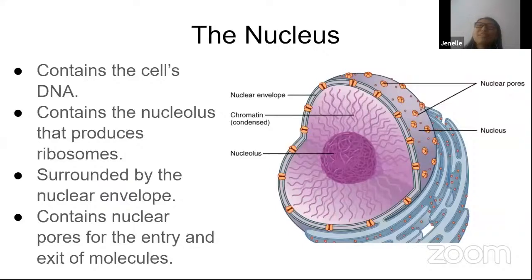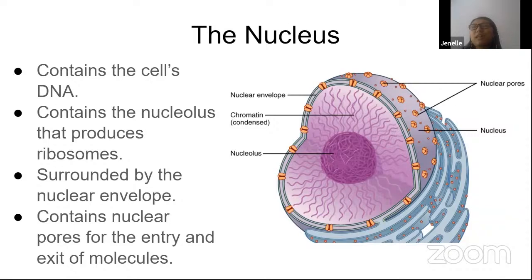The first organelle I wanted to go over was the nucleus. The nucleus, as many of you may know, is very important because that's where DNA is stored. It's stored and protected in the cell's nucleus. Within the nucleus, there is also the nucleolus that is most responsible for producing ribosomes.